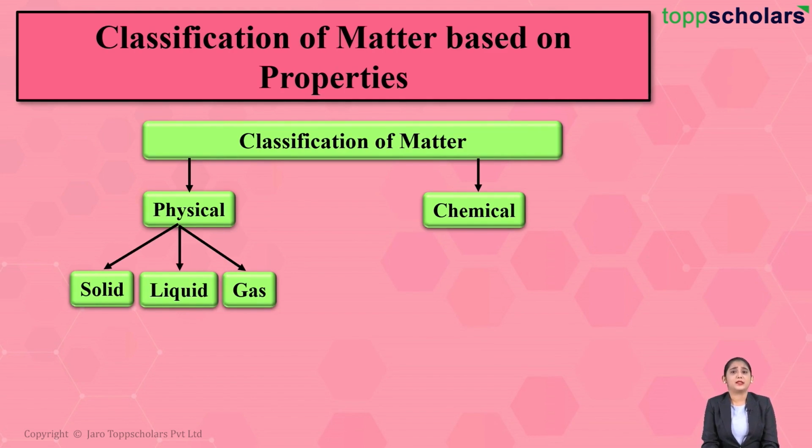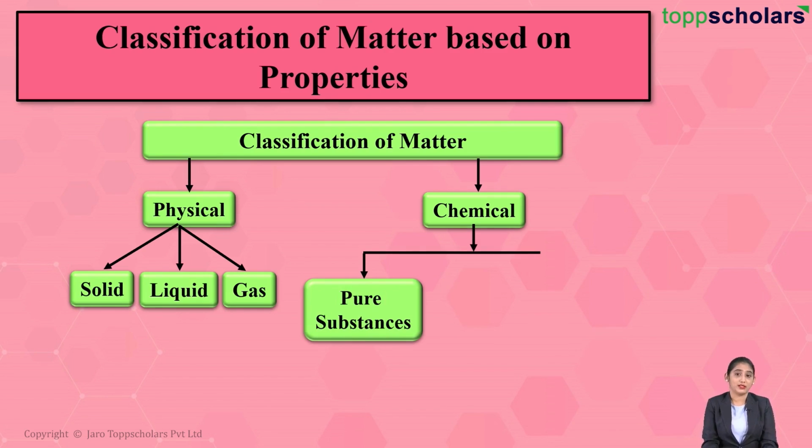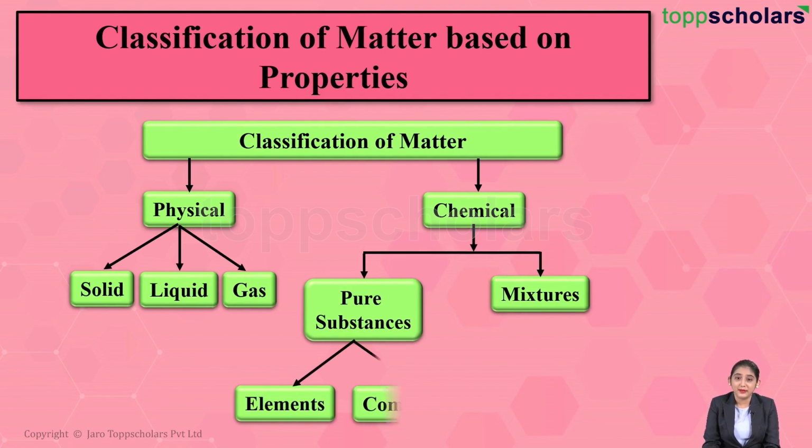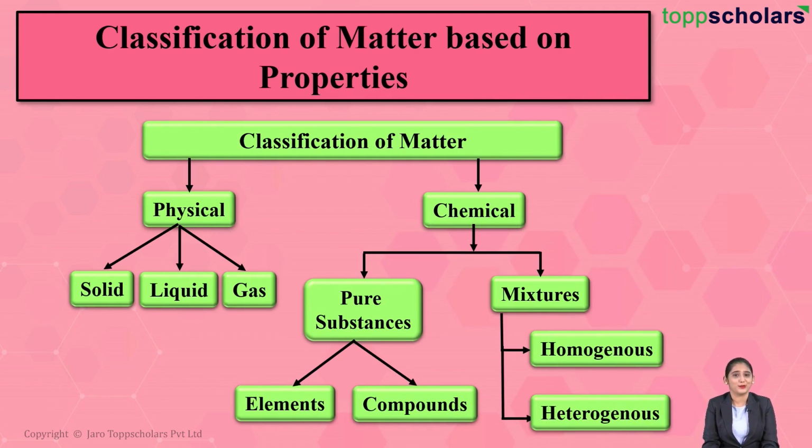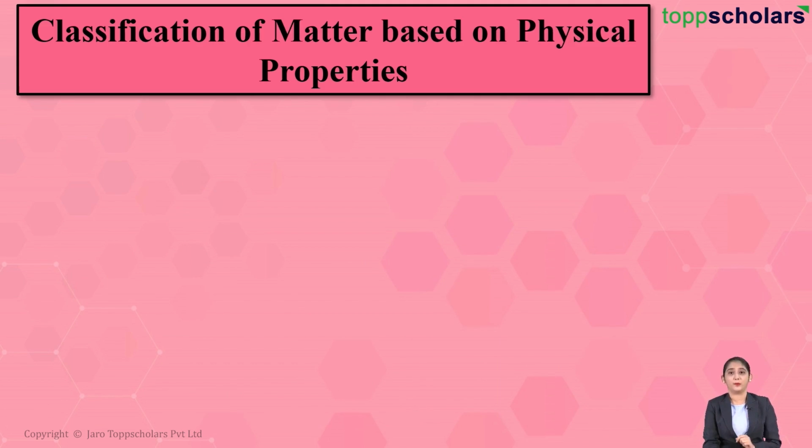Whereas, on the basis of chemical properties, matter can be classified into pure substances and impure substances, which are called mixtures. These pure substances can be broadly classified into elements and compounds, whereas mixtures can be classified into homogeneous mixtures and heterogeneous mixtures. So friends, let's first discuss the classification of matter based on the physical properties.